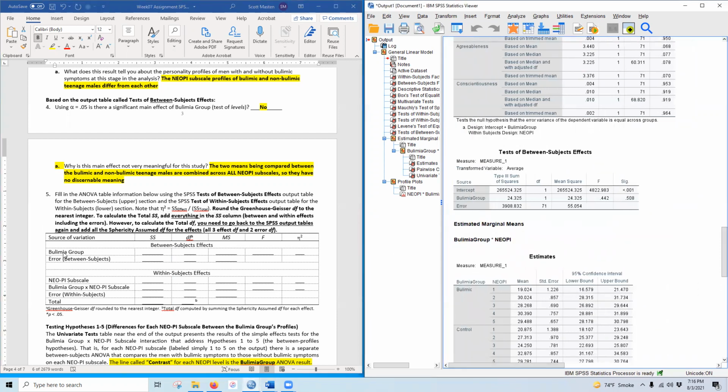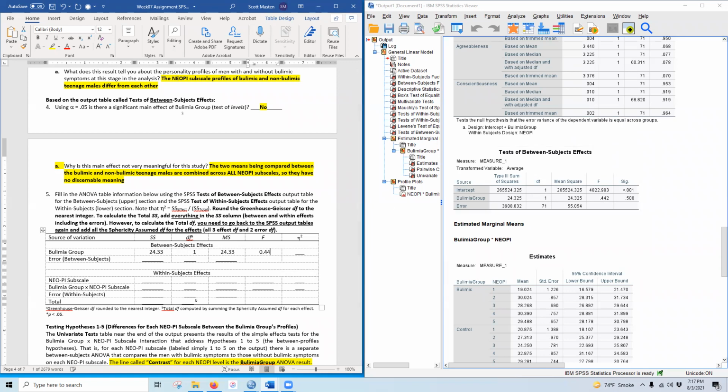So up top, we got bulimia group and error. That's come from test of between subjects effects. So let's start filling stuff in. Bulimia group, sum of squares is 24.33. The degrees of freedom for that were 1. The mean square is also 24.33. The F is 0.44.